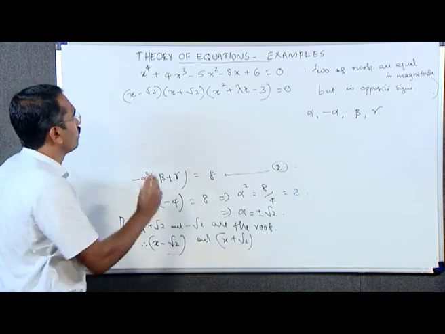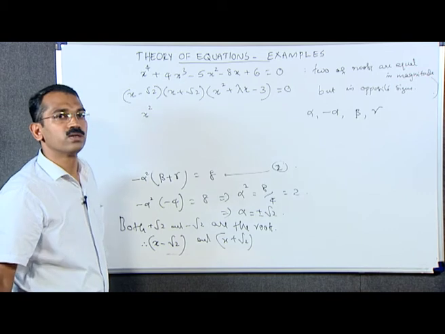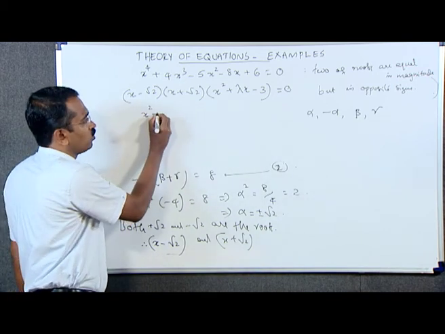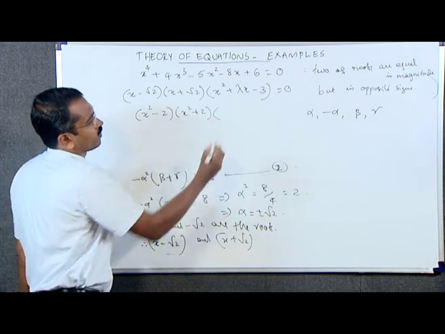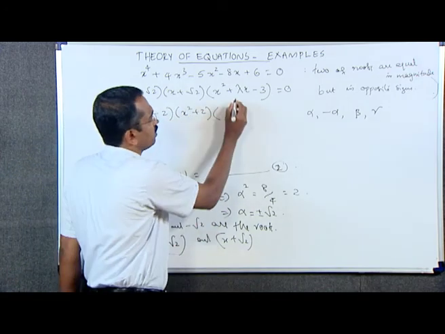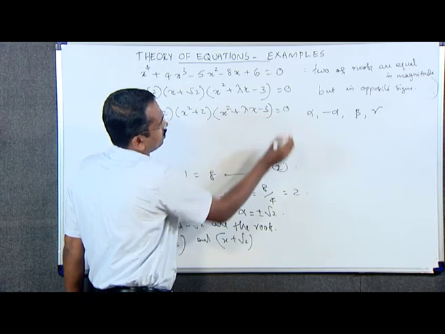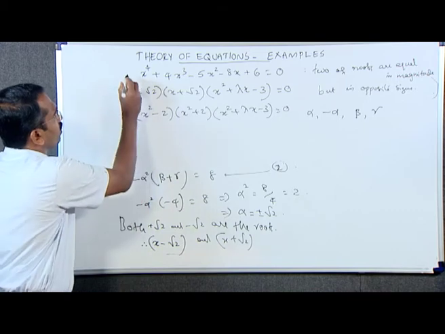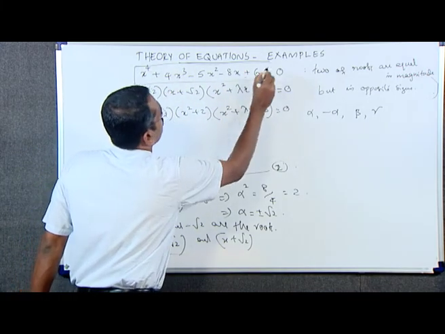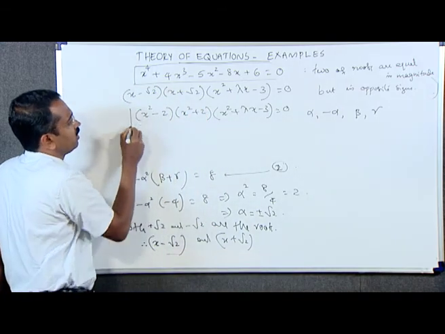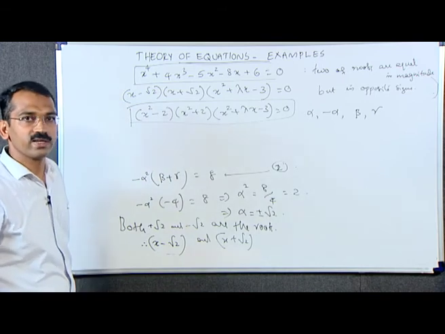That is, x square minus 2 into x square plus lambda x minus 3 is equal to 0. This is the given equation, and we expressed this equation like this. Therefore, these two equations are identical.